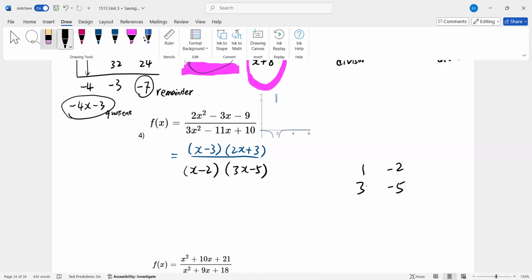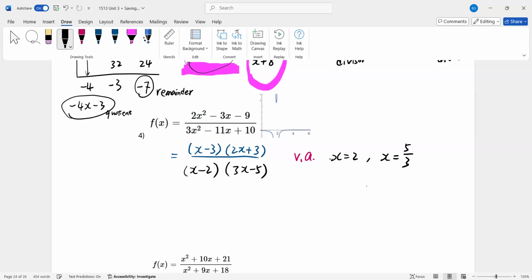Okay, that's correct. As we can see, the numerator and the denominator do not have a common factor. That means there's no hole. And we have 2 vertical asymptotes because the denominator has 2 roots. The first root is x equals 2. The second root is x equals 5 over 3.